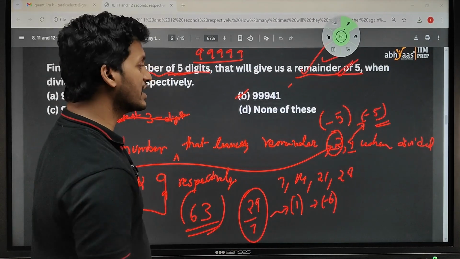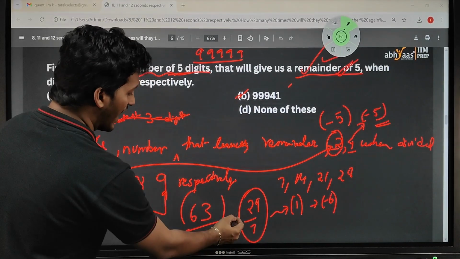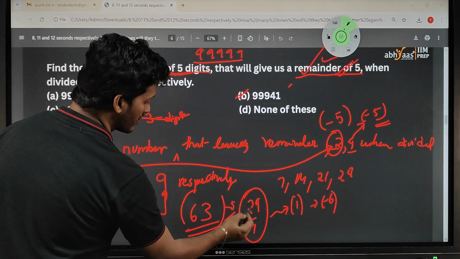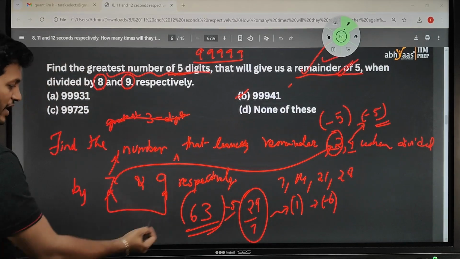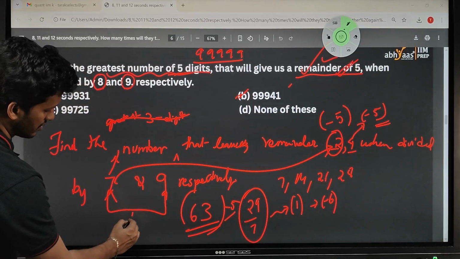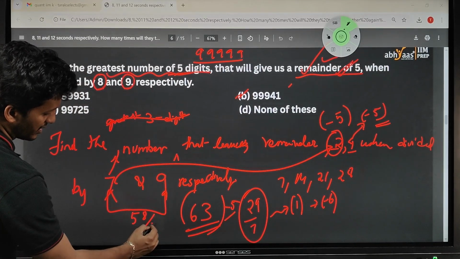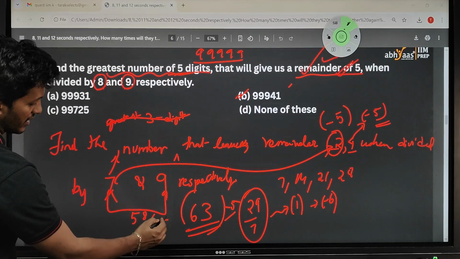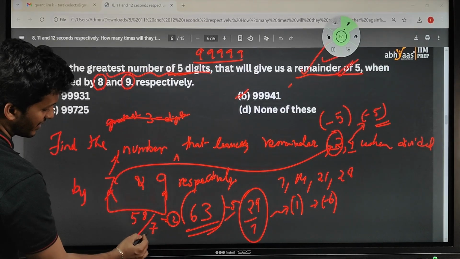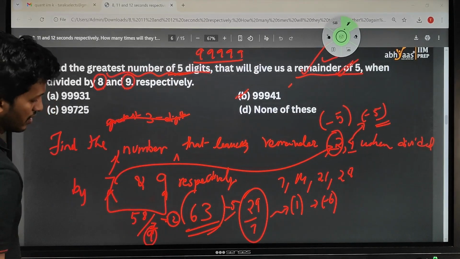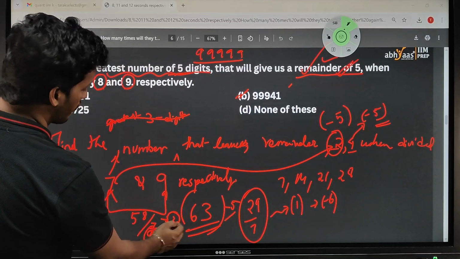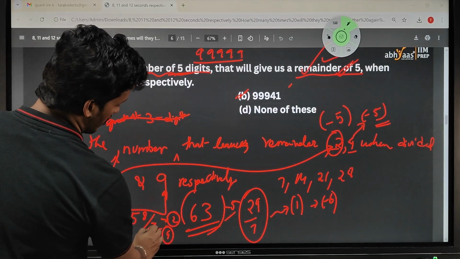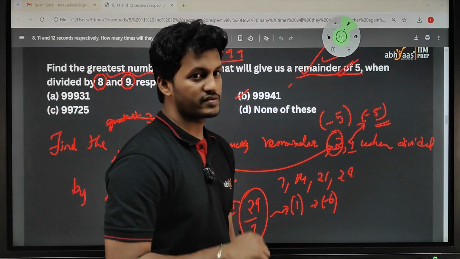But to make it leave remainders 2 and 4, I have to remove 5 from this. So if I remove 5, what is the answer? It is 58. If I divide it by 7, it leaves remainder 2. When I divide it by 9, it leaves remainder 4. Okay, so I hope you understood this method also.